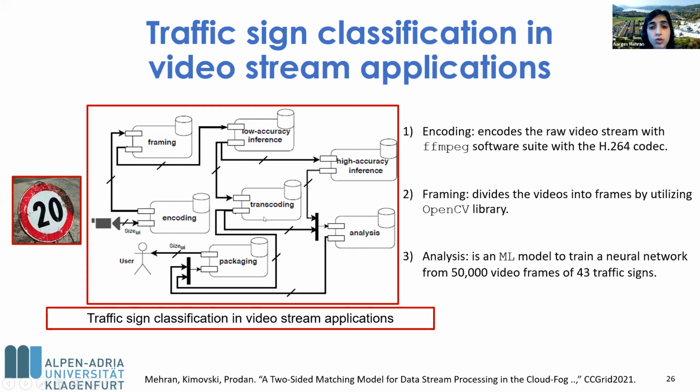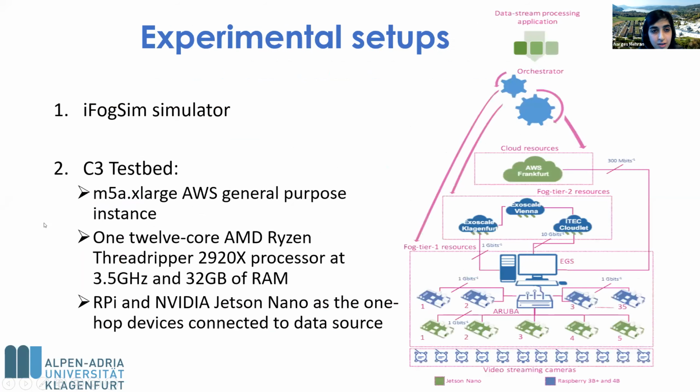Then we utilize ML inference models to consider, for example, the traffic sign and what the template of the traffic sign is, and for transcoding and packaging, we utilize the FFmpeg software framework. At the end, the driver of the car will receive, for example, an alarm that this broken traffic sign is 20 kilometers per hour, and he or she will receive a warning for that.